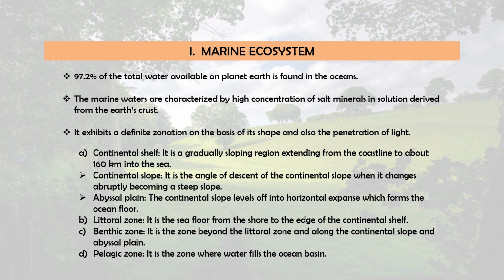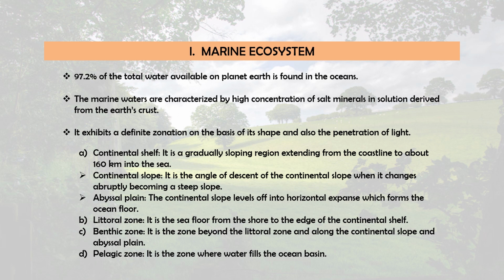On the basis of its shape, we find the continental shelf, which is a gradually sloping region extending from the coastline to about 160 kilometers into the sea. And in the continental shelf we find the continental slope and abyssal plain.